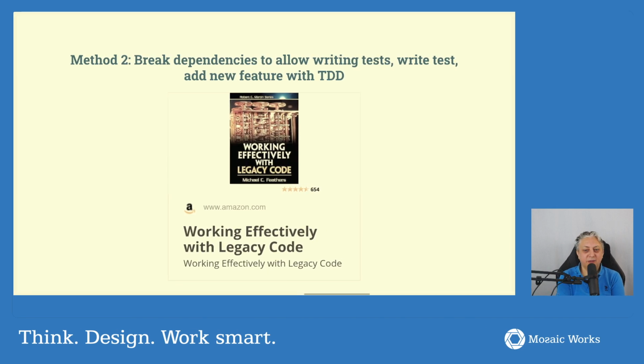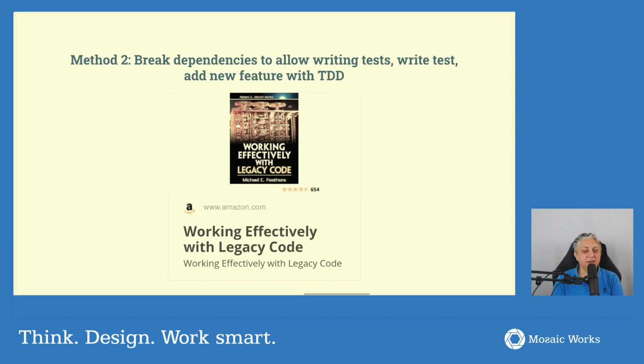The second method is what I typically call the Michael Feathers method, because he documented it in his book, Working Effectively with Legacy Code. Basically, what he's saying is, in order to write tests, we first need to make some changes to the existing code, then write tests to cover the surface that we want to modify, and then start using TDD on those parts.